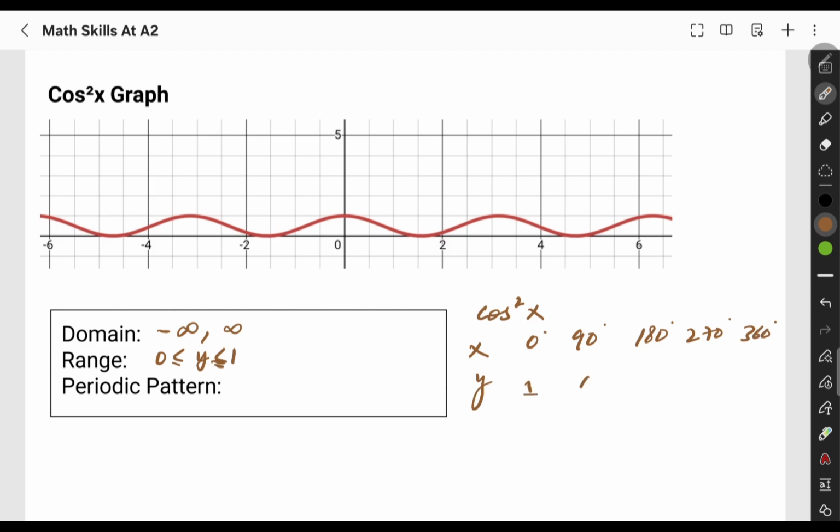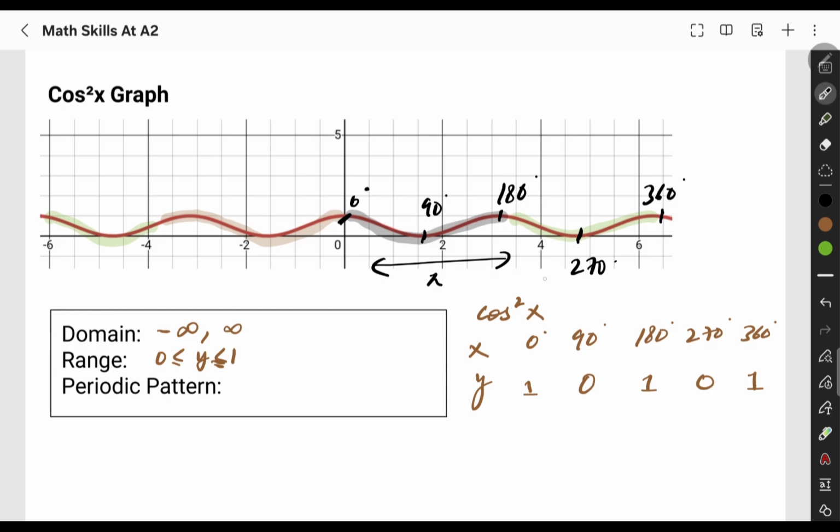At 0 it's going to be 1, 90 is going to be 0, 180 is 1, 270 is 0, and then 1 again. You can notice the same thing here, the pattern repeats every 180 degrees. Right, so the pattern repeats every pi radians.